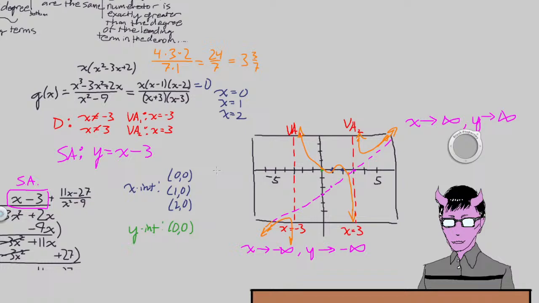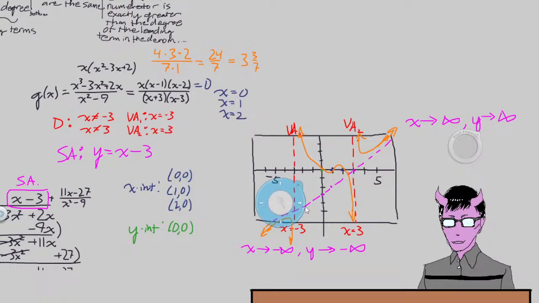On the top, we have x times (x minus 1) times (x minus 2), close parentheses, all over (x plus 3) times (x minus 3), close parentheses. Let's hit input. What do we get? Yeah, it agrees. It's good. It's doing the funky things.